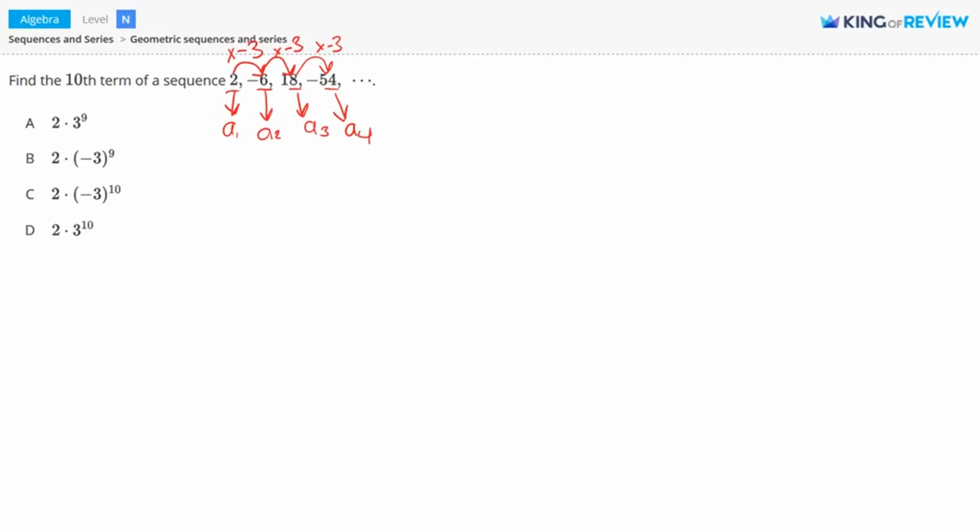One other method for finding the common ratio is using the equation r equals A2 over A1. So we have -6 over 2, and this equals -3, which is the common ratio. You can choose other terms as well to determine the common ratio.